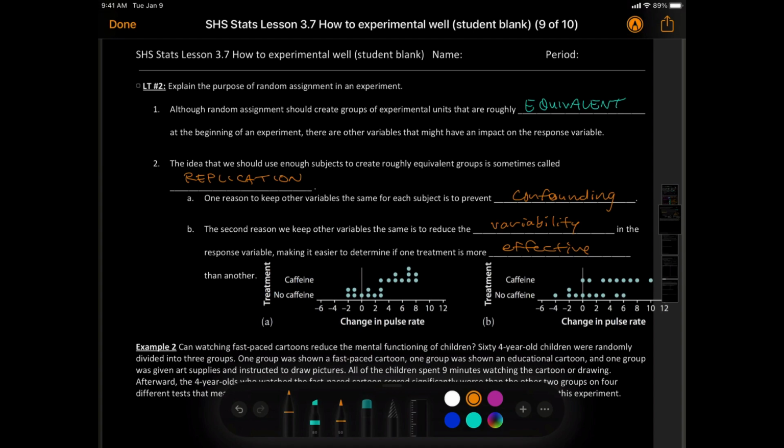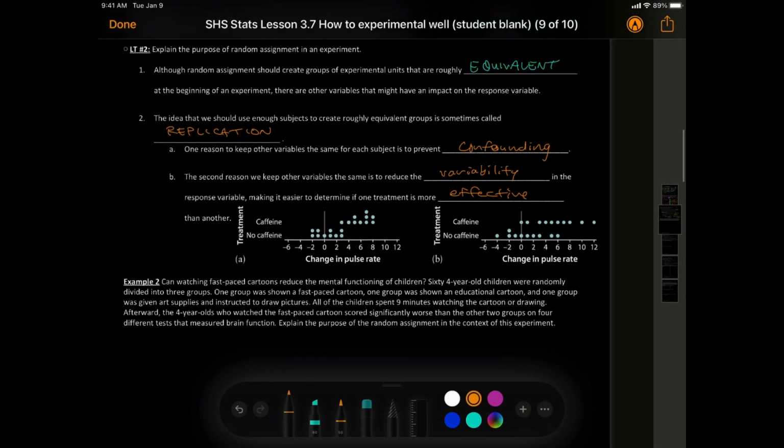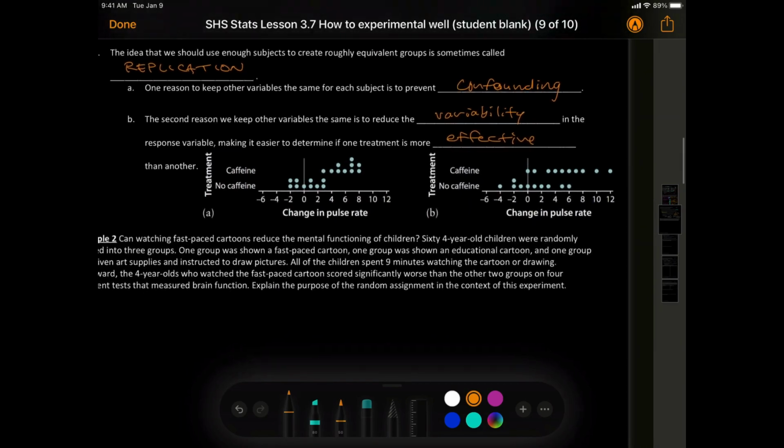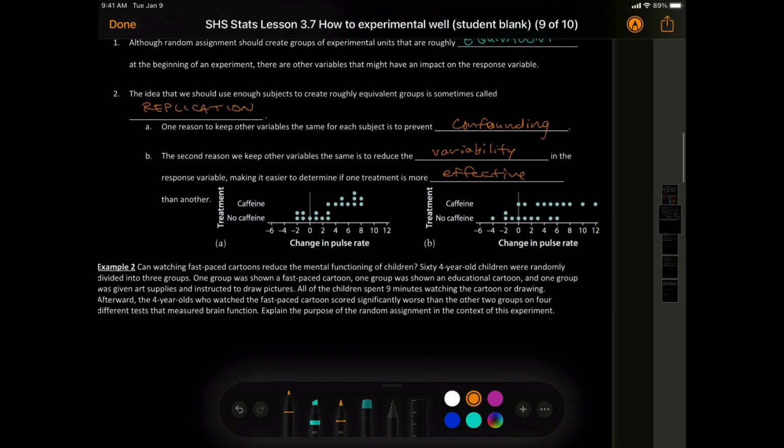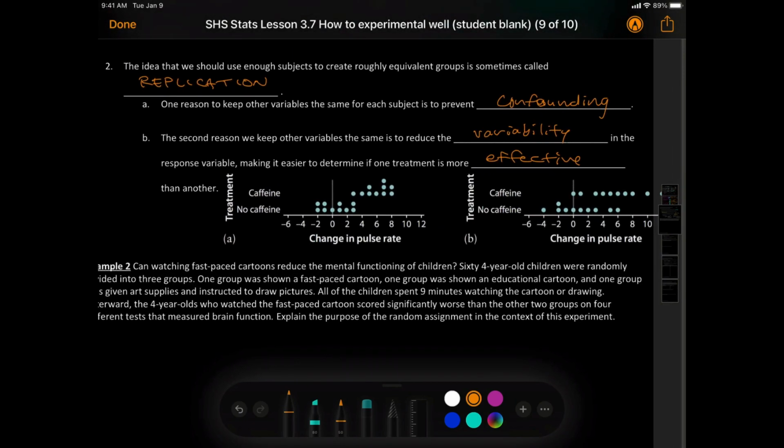than the other. Okay, so let's pretend in this graph, let's do an example of learning target number 2, random assignment, and in some ways we want them to be equivalent. So in example A, students were given, the treatment was a cup of maybe regular Coca-Cola, soda.